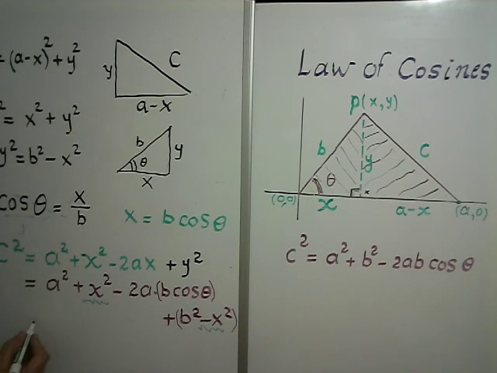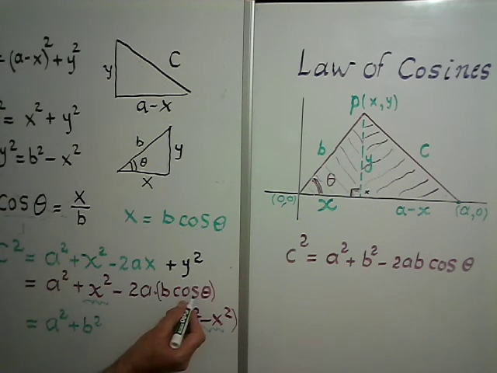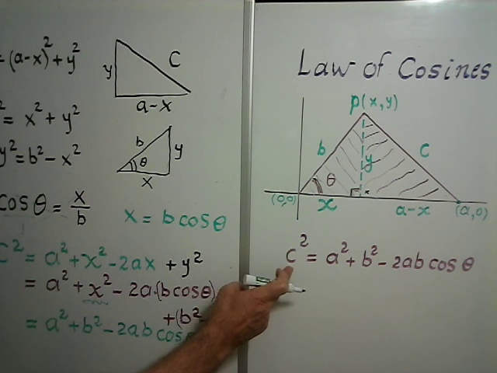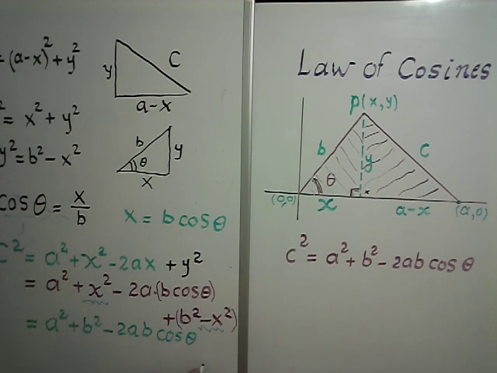So that gives me the result here, a squared plus here remained b squared and negative 2ab cosine theta, and when you look to this result you find it is the law here. So the proof is done.